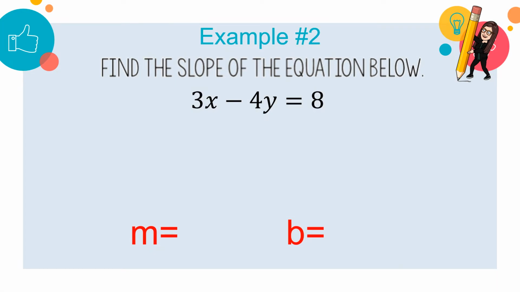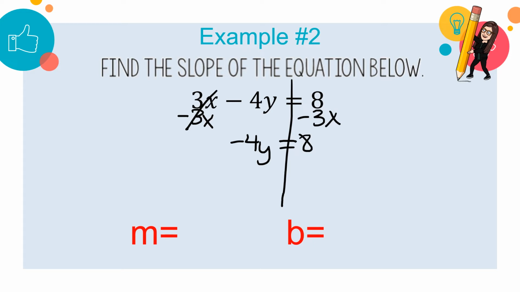Example 2. Step 1, isolate y. Now, if you need more help with isolating y, please see my videos where all we do is isolate y. Okay, this is review. We've already gone over the steps of solving for y. So you can go to my YouTube channel and search isolating y for more help.